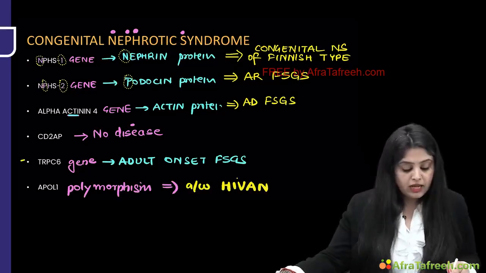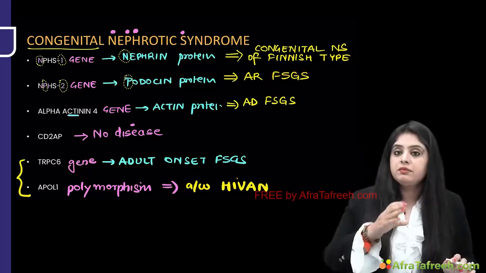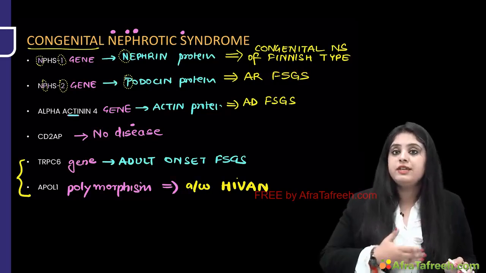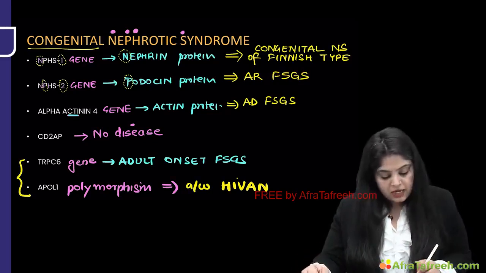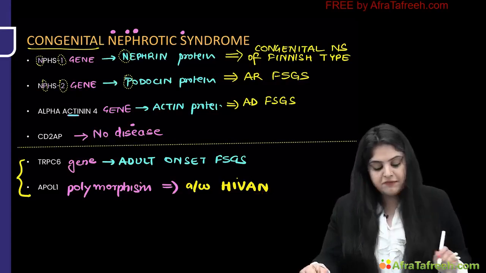So these might not ideally be the congenital varieties, but only for completing your genetics, I have put them up over here. Under the congenital variety, obviously these are the ones that you have to know.